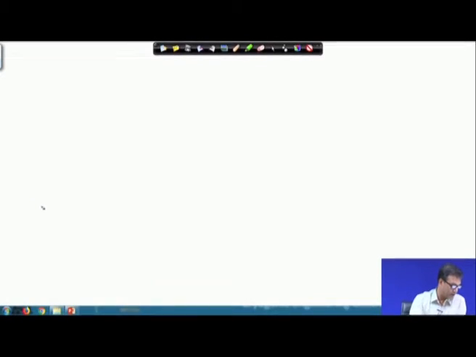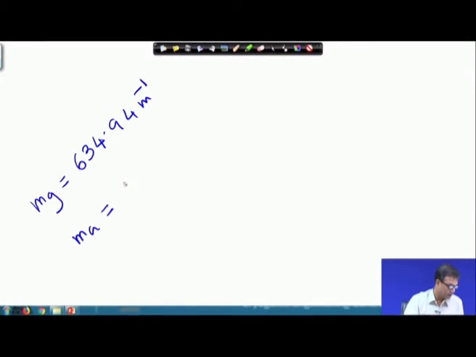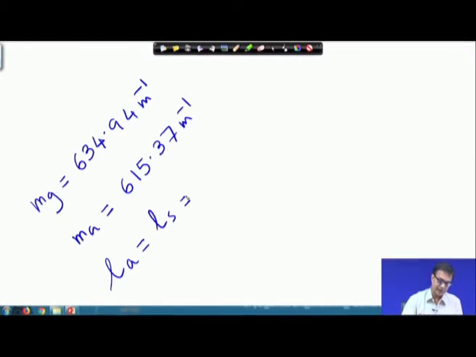That gives m_G to be 634.94 and m_A to be 615.37 per meter.